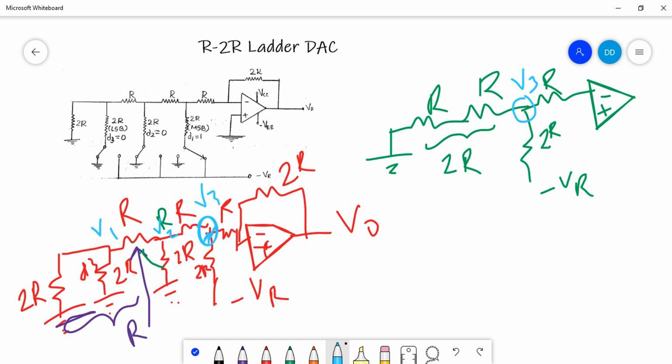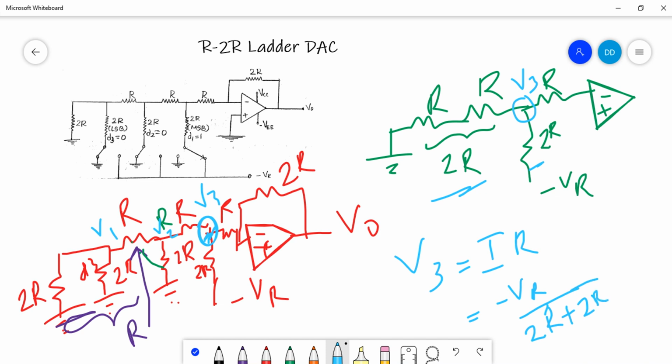V3 is equal to I into R, wherein our I is the voltage divided by the resistance, minus VR divided by 2R plus 2R, into this R. R and R get cancelled, so we get minus VR, which is the reference voltage, divided by 4.